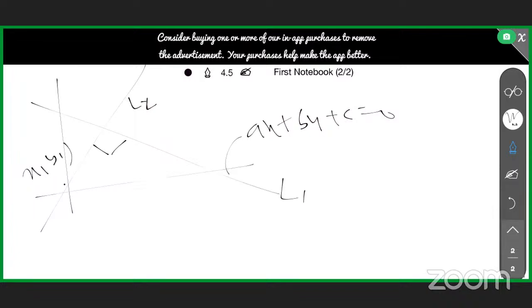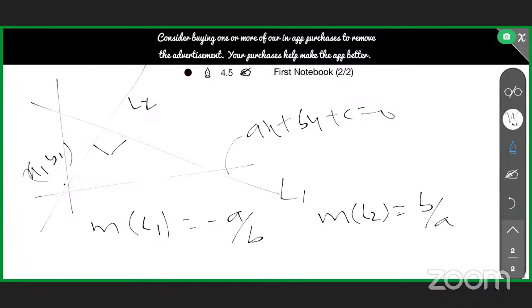What will the line equation be? We'll do it in the same method. Slope of L1 is equal to minus a by b. What is the slope of L2? It is b by a. So this is the slope of my line L2.